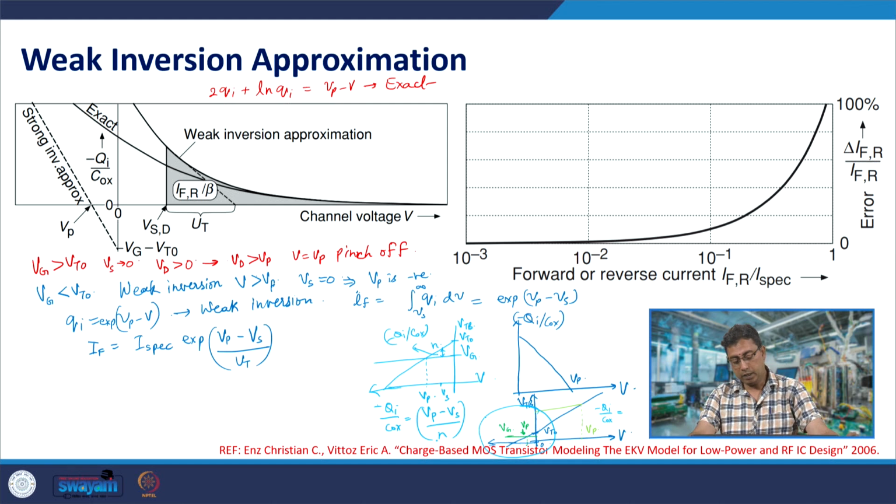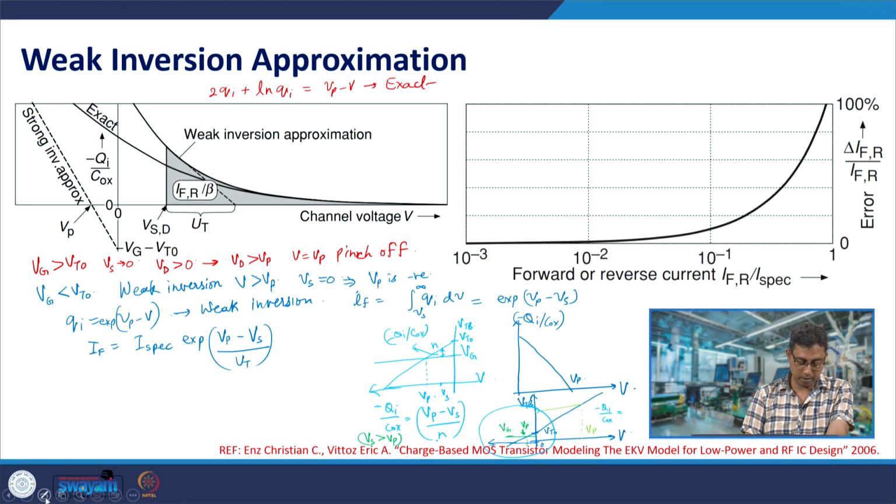This expression is similar to what you had in strong inversion. The only thing is Vp is negative, Vs could be negative or a 0 value, whatever, Vs is larger than Vp. That is the only difference.